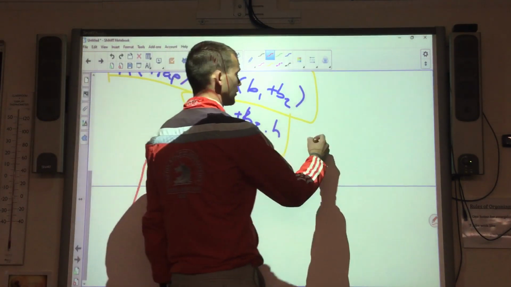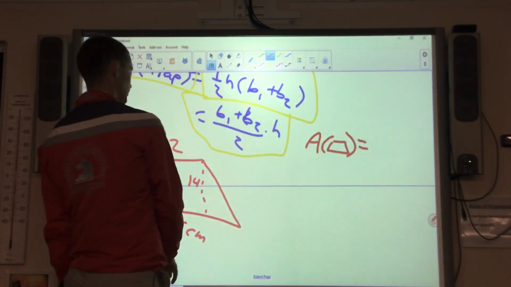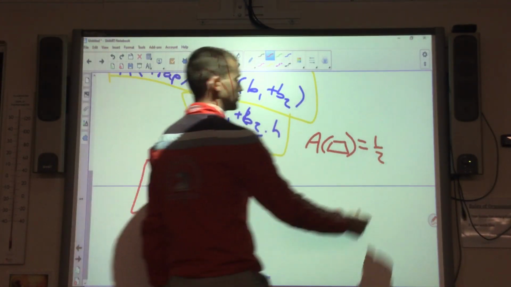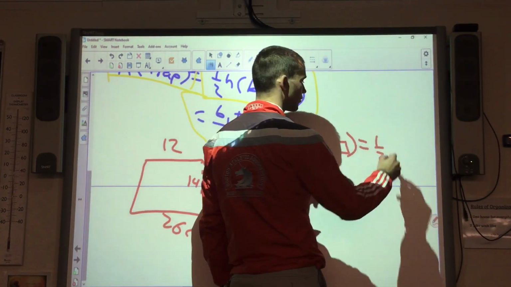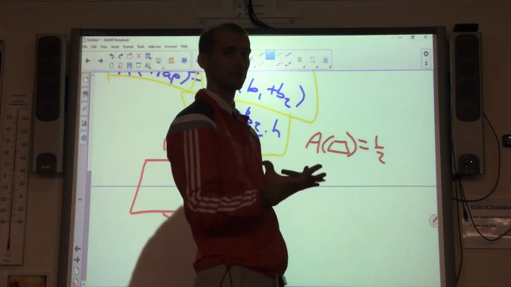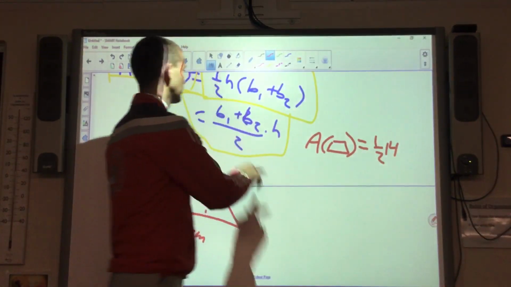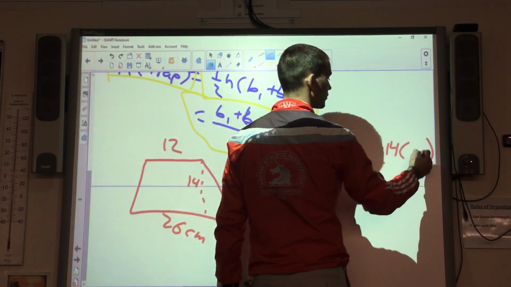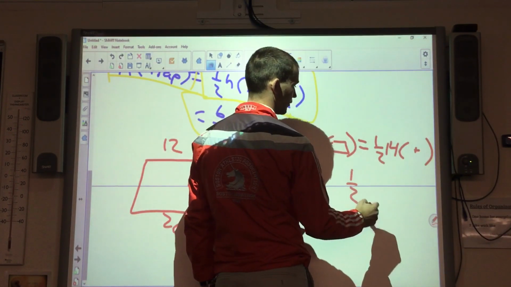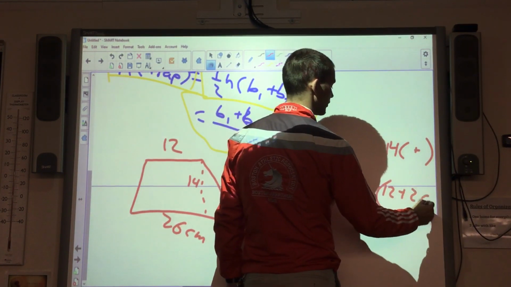Well, we literally can write in area of a trapezoid, look, I'm drawing a little trapezoid, is 1/2 times the height, 14, because height is always, everyone? Vertical, thank you, one person. Height is always, everyone? Vertical. 14. And then base 1 plus base 2, 12 and 26. Rewrite this over here because I have more space. 12 plus 26.